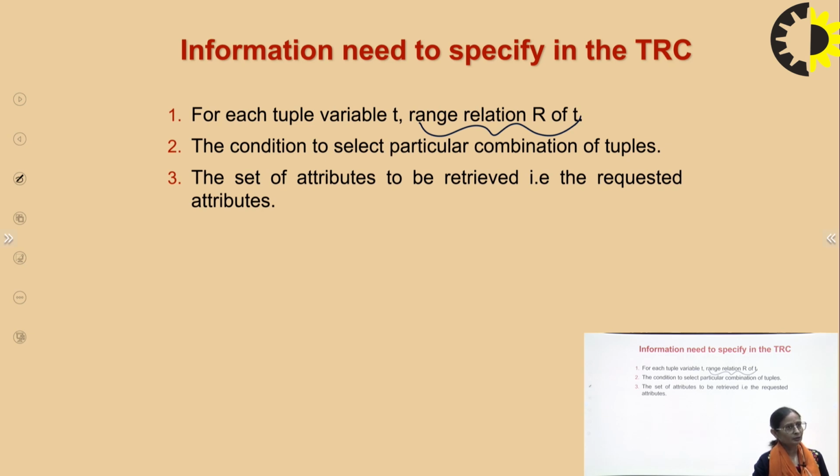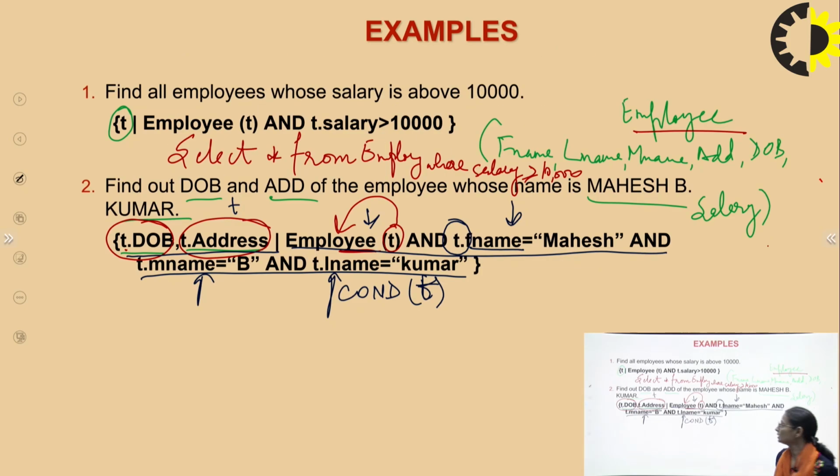The condition to select a particular combination of tuples, that is, on which tuples you are applying the condition. The set of attributes to be retrieved, that is, the requested attributes. And we have seen this becomes my range. These are the attributes, and these correspond to my condition part.